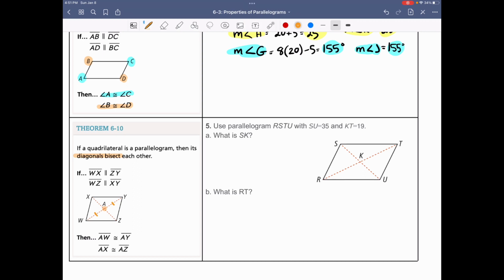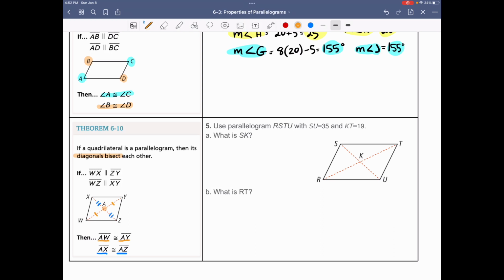And then AX and AZ are congruent. So AX is congruent to AZ, and AW is congruent to AY because they are bisected.